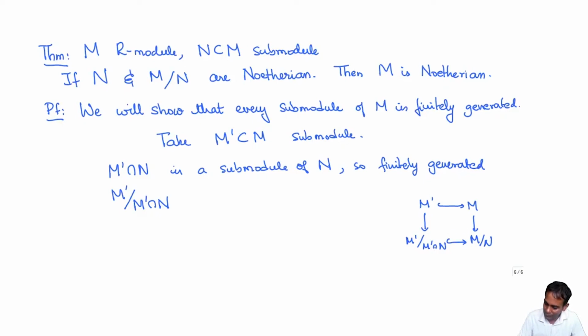That is, if something in M prime goes to 0 in M mod N, then it must lie in M prime intersect N. So the only things in M prime that go to 0 in M mod N are those which are in N, so they are in M prime intersect N. So this is a submodule of M mod N, so it's also finitely generated.